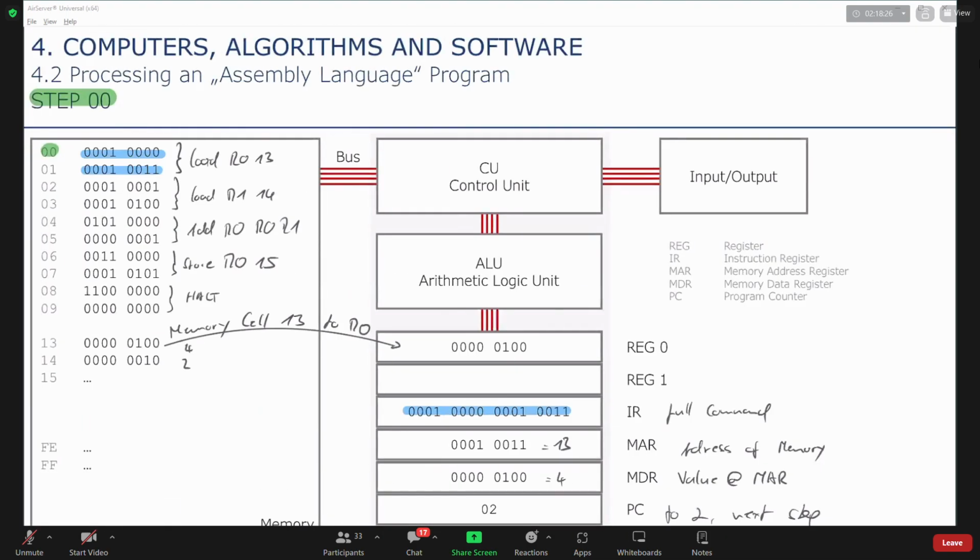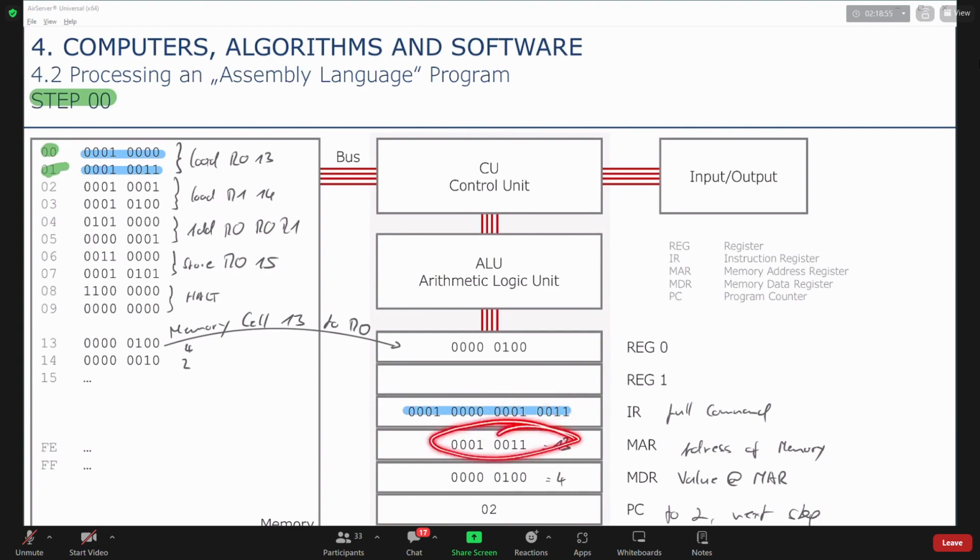So the first thing, we have loaded what was in memory cell 00 and 01, of course, into the instruction register. So that one here into the instruction register says load into register 0 the value from memory cell 13.